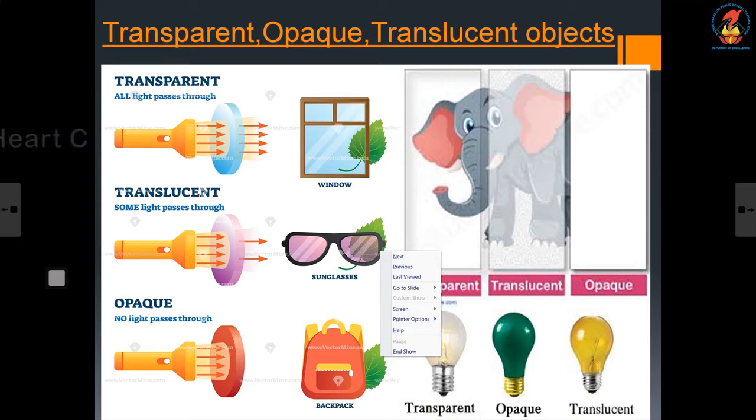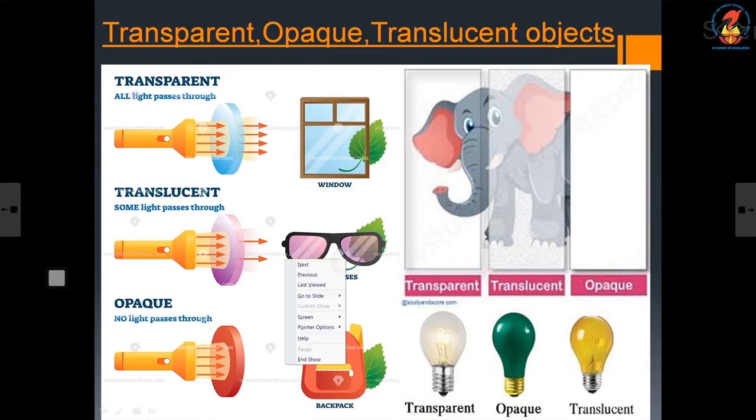Here it is transparent. It is a window. You can see the leaf that is placed behind the window. So it is a transparent one. Here it is sunglass. It is a translucent one. You can't see the leaf completely, but a portion of it can be seen.